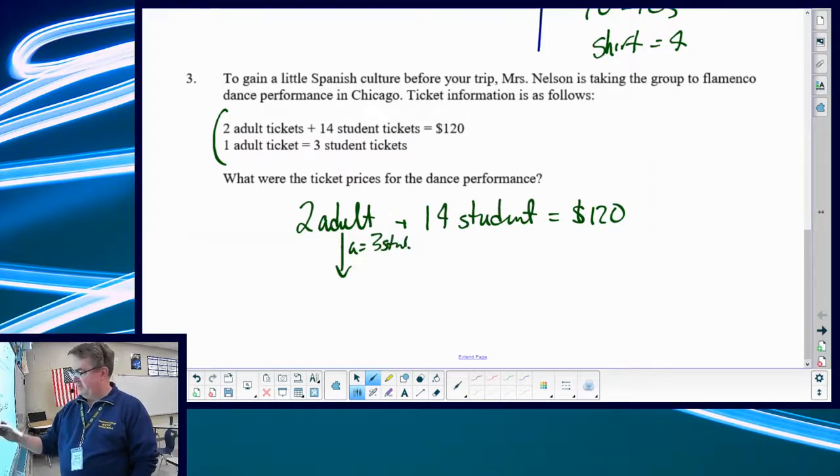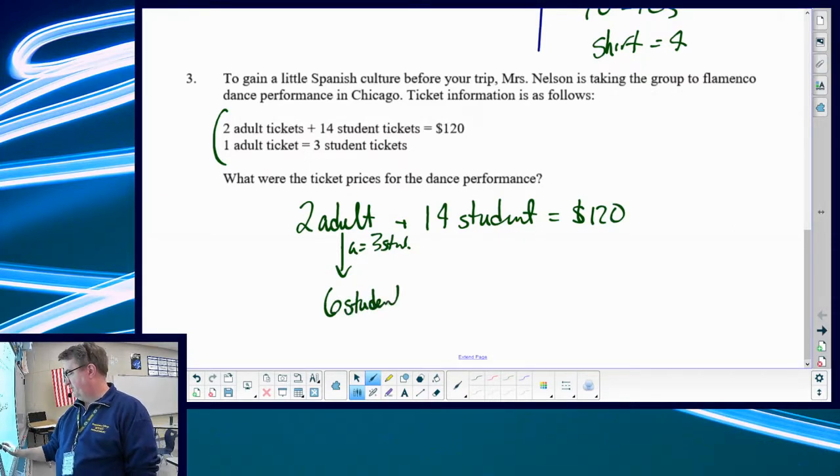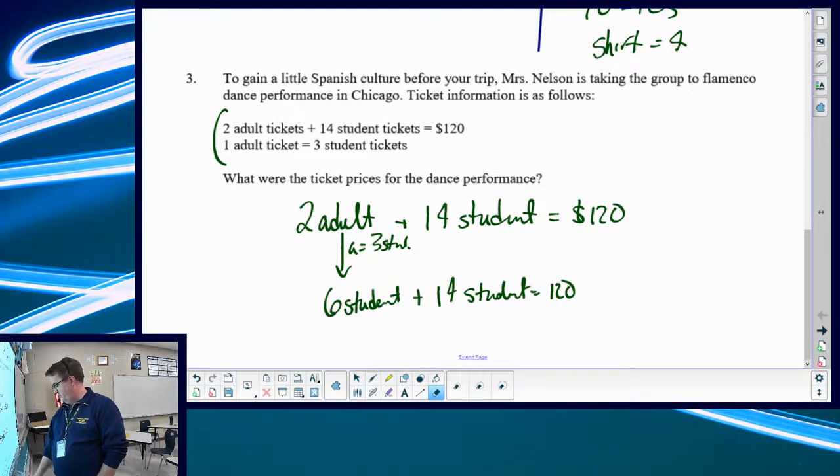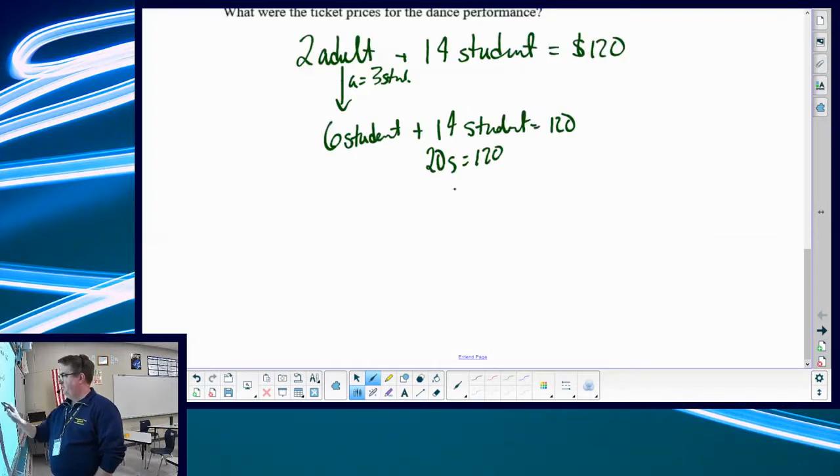So they said, okay, this is really like 6 student tickets, I'm sorry. So we end up getting 20 students is equal to 120. So then a student ticket is worth $6.